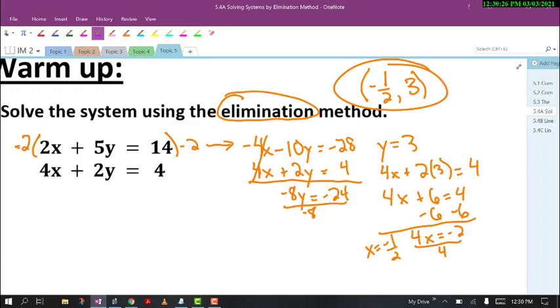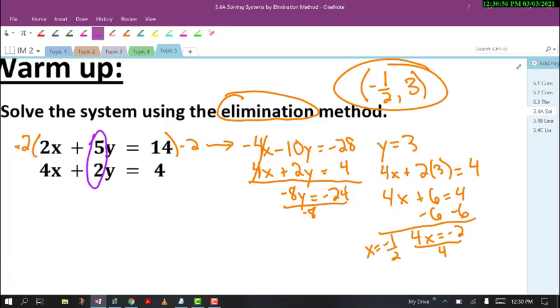Now, if we would have done this a little bit differently, we could have multiplied both of the equations. And the reason we would do that is to get rid of y first. So 5 and 2, we want them to cancel out. So one has to be positive, one has to be negative, and they need to be the same number. So you're kind of finding a common denominator, or the lowest common multiple, which in this case is 10.